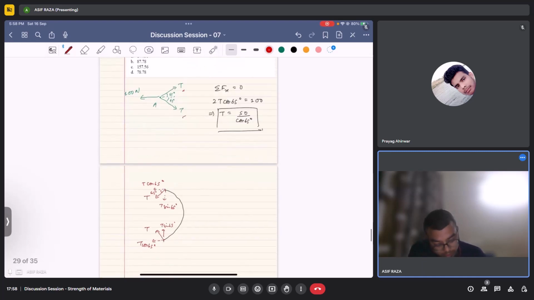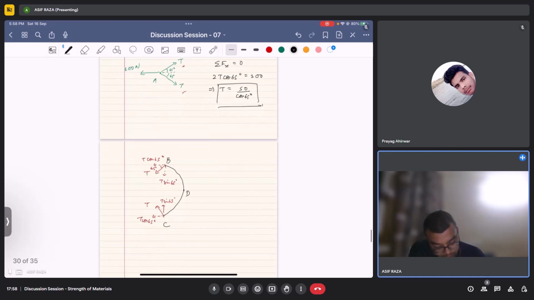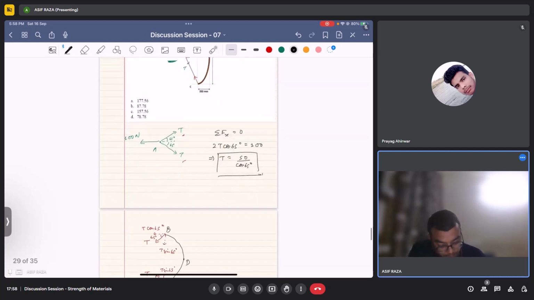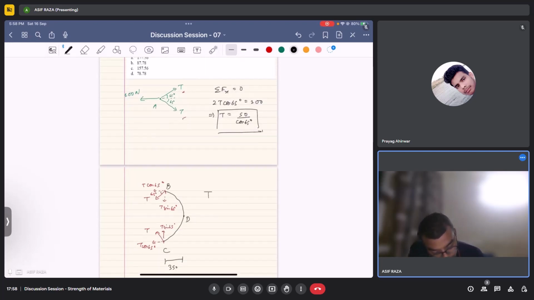This is the point B, this is D, this is C. The distance is 350, and here the total distance is 1650.